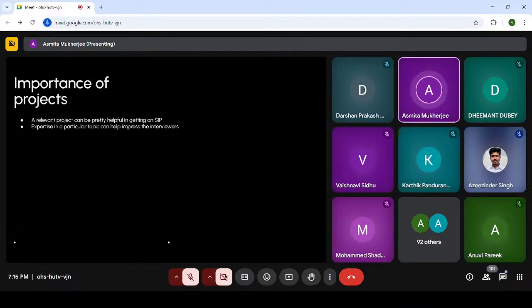Importance of projects: I think SOPs are pretty important, and it played a very important role in helping me get my SIP. Also, it's a good way to make the interviewers focus on your project, because if they get interested in your project, they tend to ask you more questions about it, and if you're able to answer them, it's a pretty good plus point.